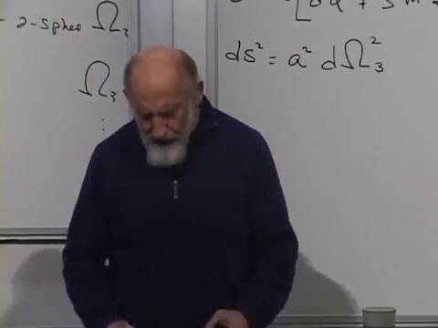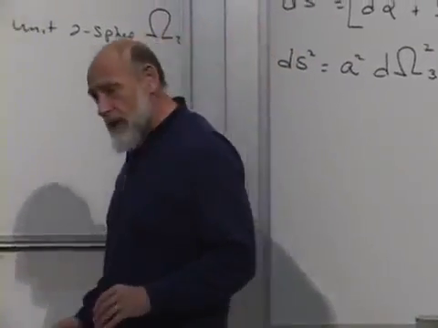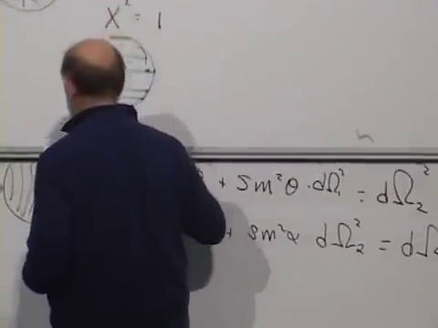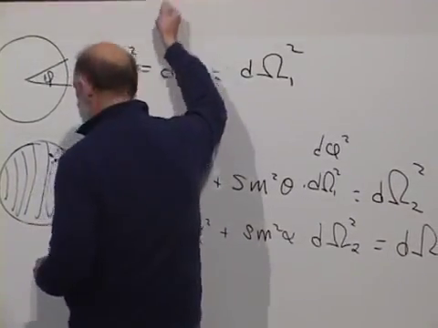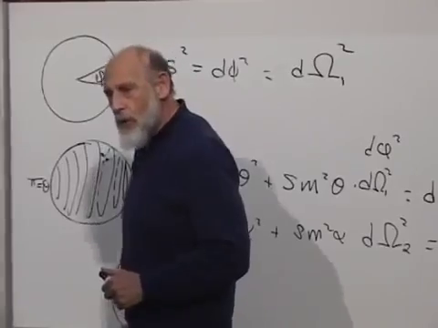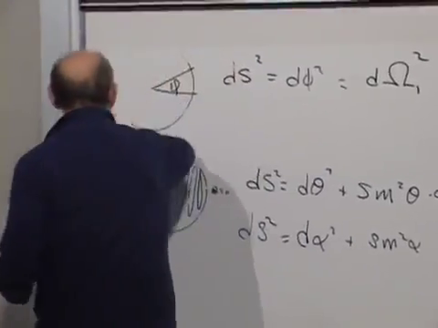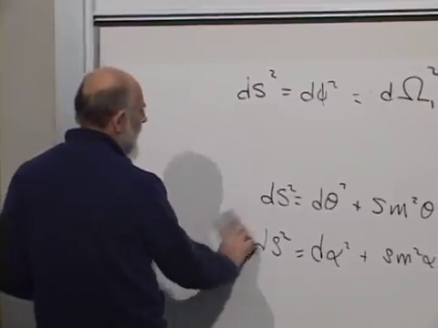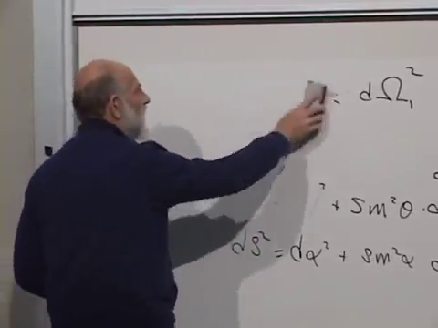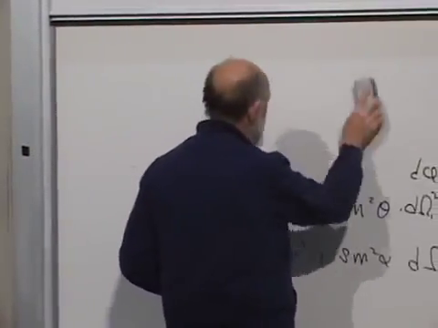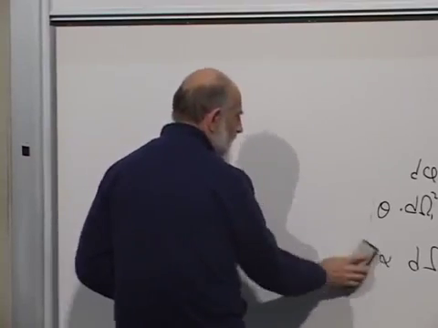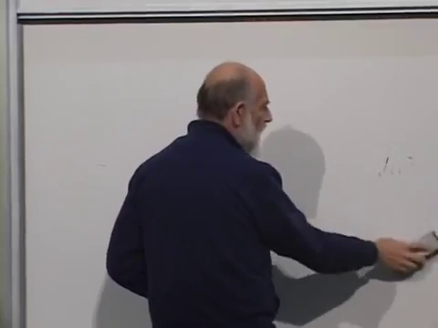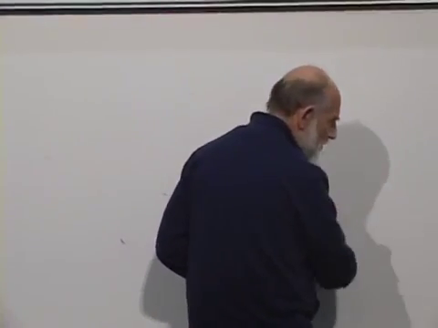Okay. Now let's think about cosmology. And let's think about the cosmology of a world where space is a three-sphere. We're not interested in space now, we're interested in space-time.